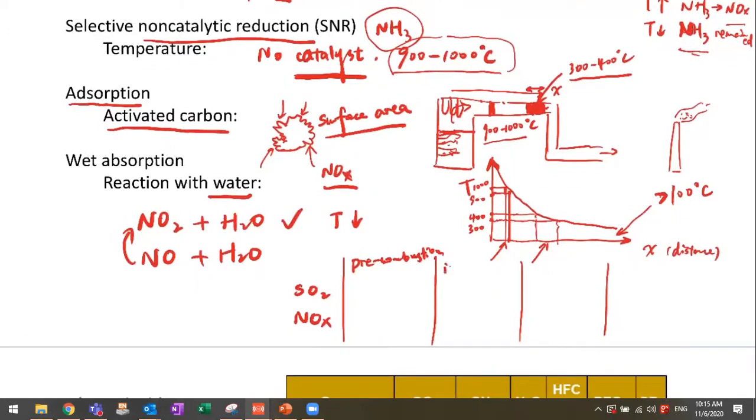We can also have the in-combustion method, and the post-combustion method. For sulfur dioxide, we have the pre-combustion method, which is fuel desulfurization. We can also have the post-combustion method, which is wet scrubbing, or, let's say, trona injection or lime injection.